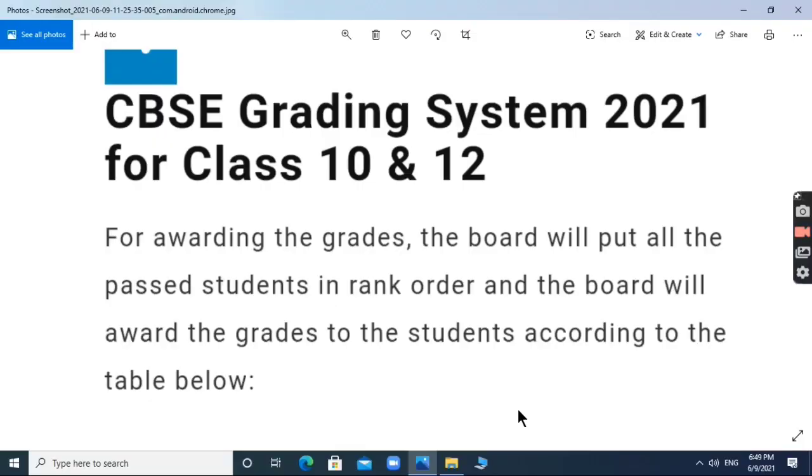Here I am showing a page from the CBSE grading system 2021 for class 10 and 12. For awarding the grades, the board will put all the past students in rank order, and the board will award the grades to the students according to the table below. Now we can see a table below.